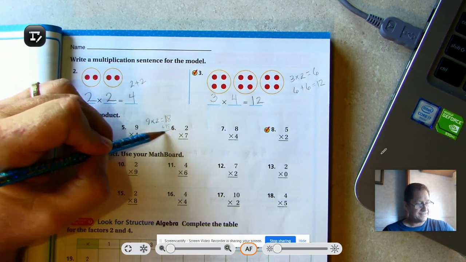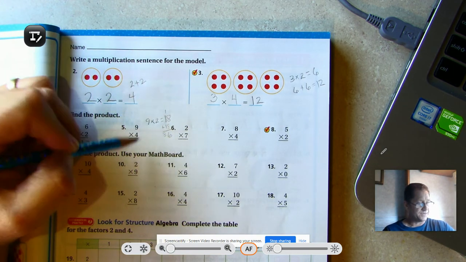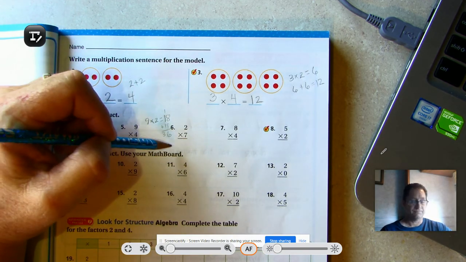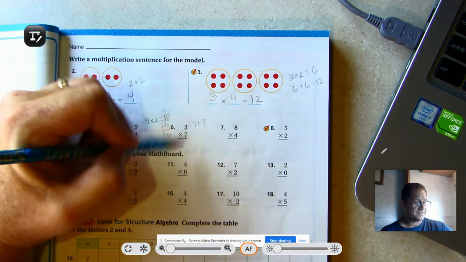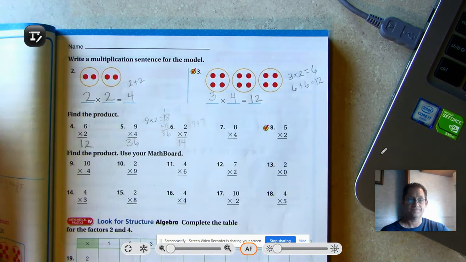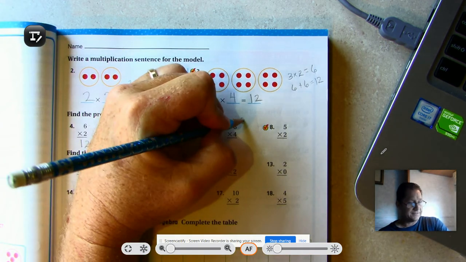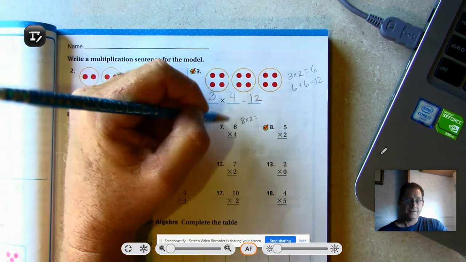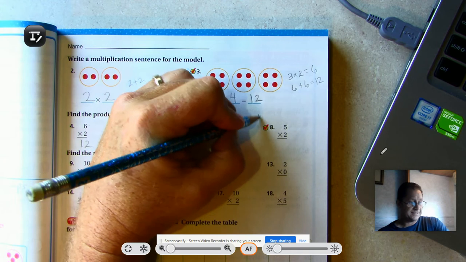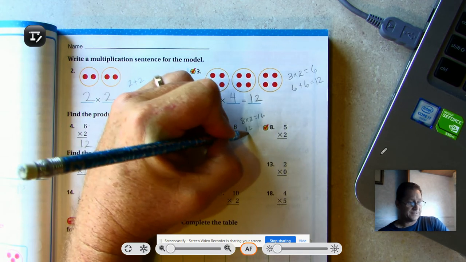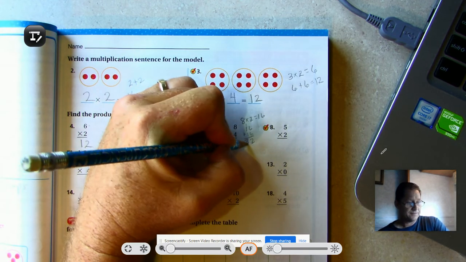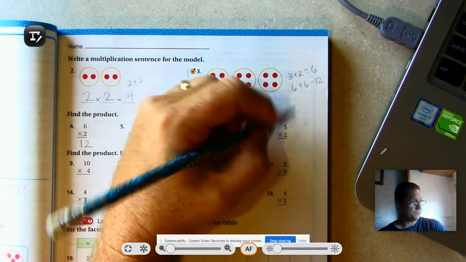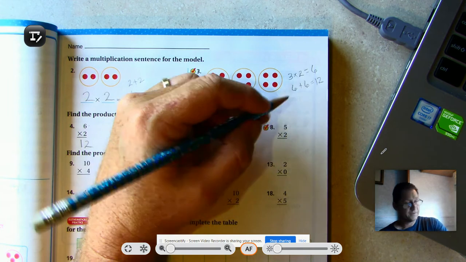And 18 and 18 is 36. 2 groups of 7, that's 7 plus 7, 14. 8 times 4 is the same as 8 times 2 doubled. So 8 times 2 is 16. 16 plus 16, 32. 5 sets of 2, 5 times 2, 10.